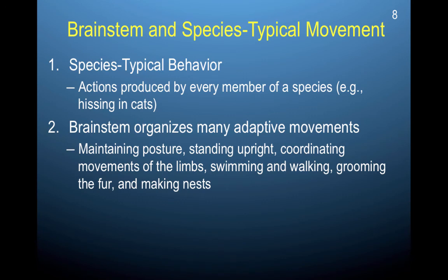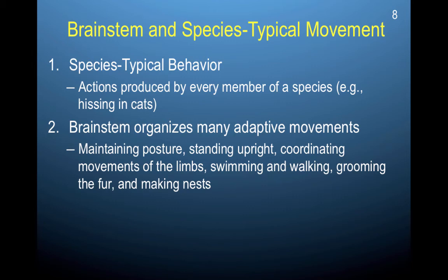Another thing that's really important to realize about movement is that we all have species-typical movement. Species-typical behaviors are actions produced by every member of a species. Cats hiss, dogs bark. Every species has some sort of species-specific behavior. Species-specific behavior also tends to be automatic, and the brainstem is particularly important in automatic behaviors.